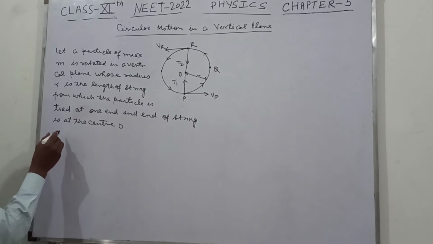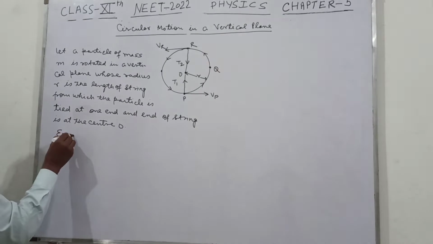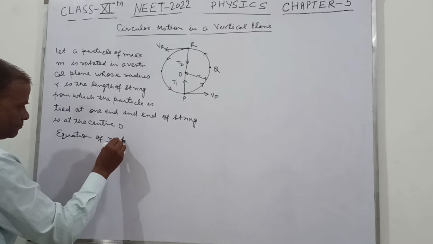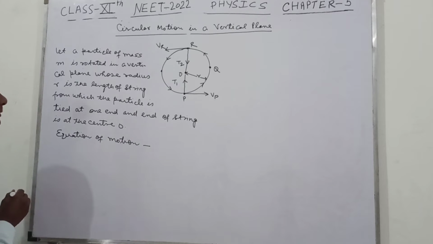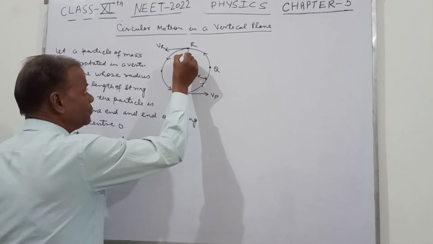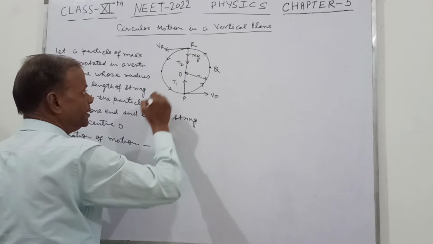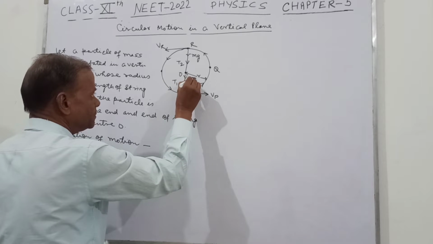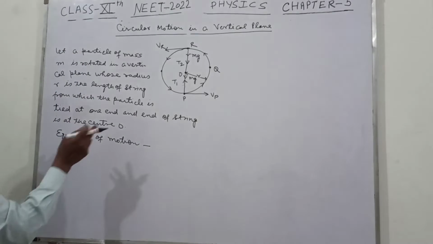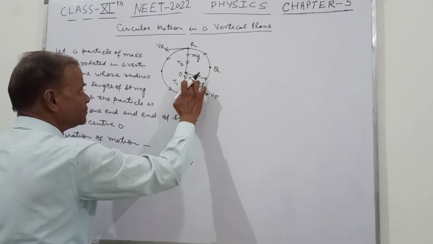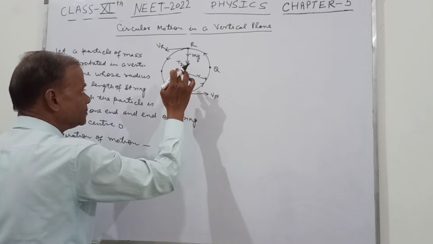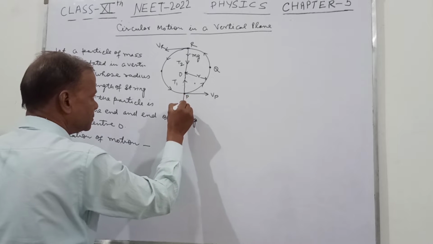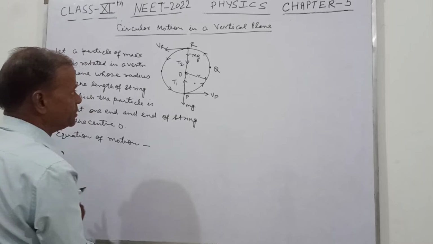So equation of motion. What we have? Since the weight will also act in this direction, and here the weight will act like this. Now this weight, instead of showing it like this, we will show it here.